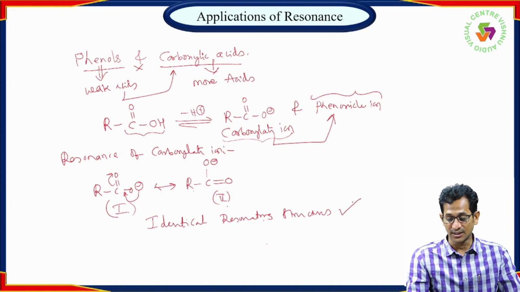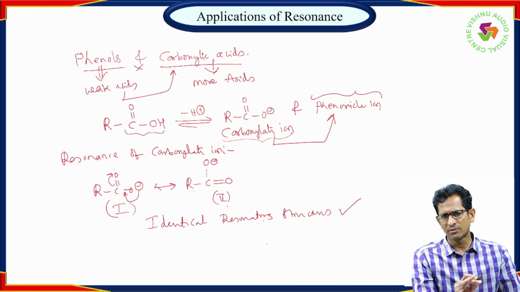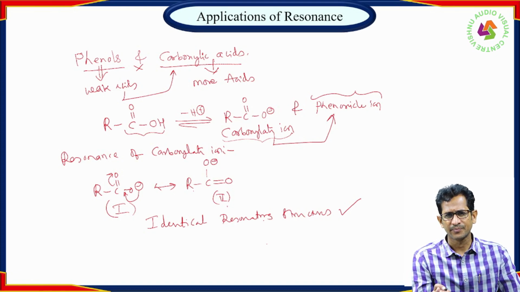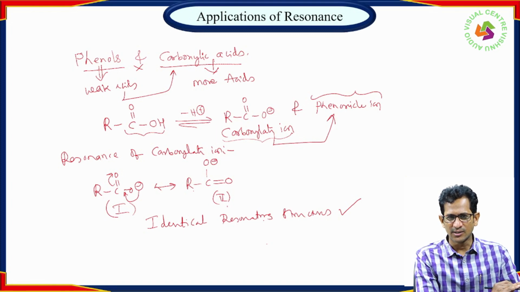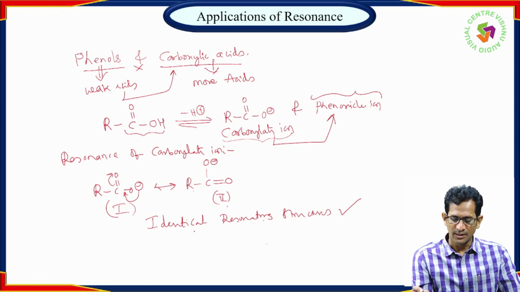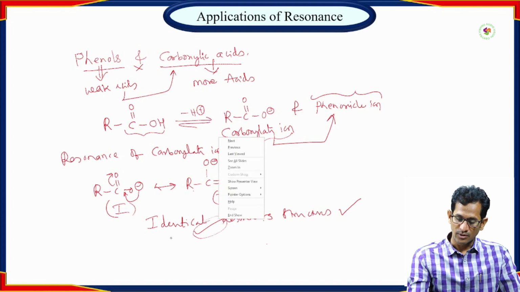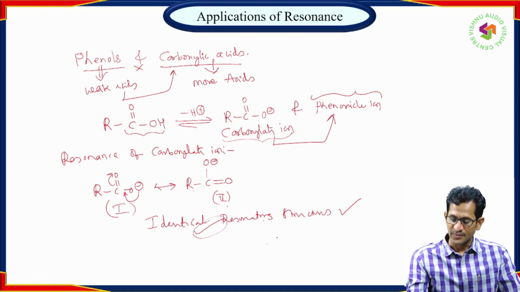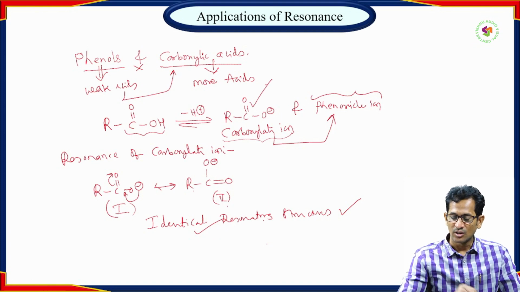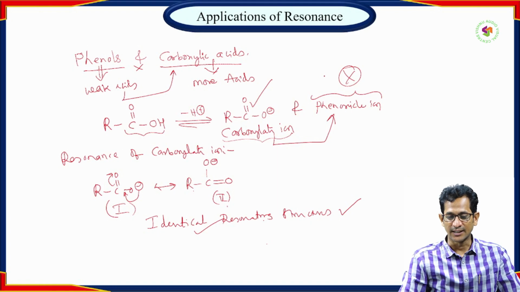If you find identical resonating structures, whatever the number of resonating structures, that is unanimously more stable. So therefore, the resonating structures of the carboxylate ion are more stable than those of the phenoxide ion.